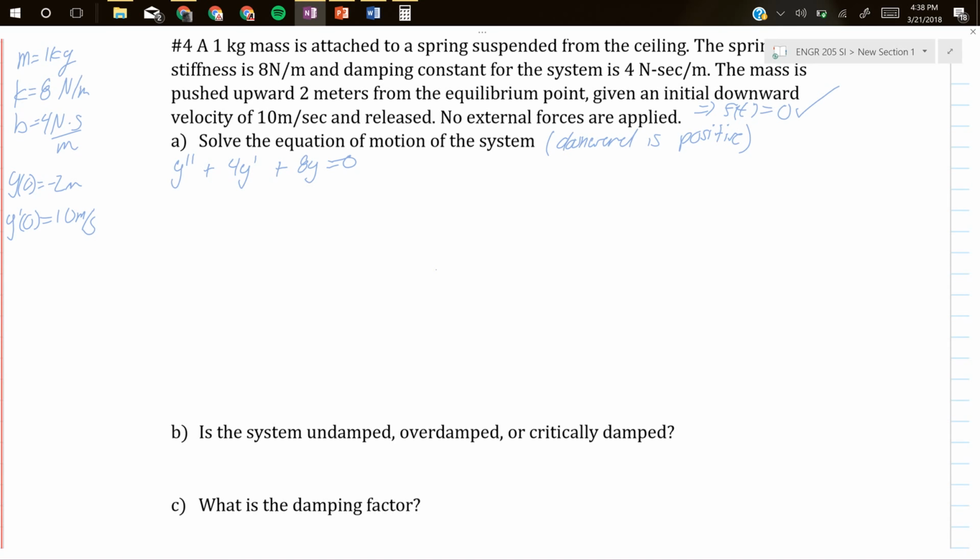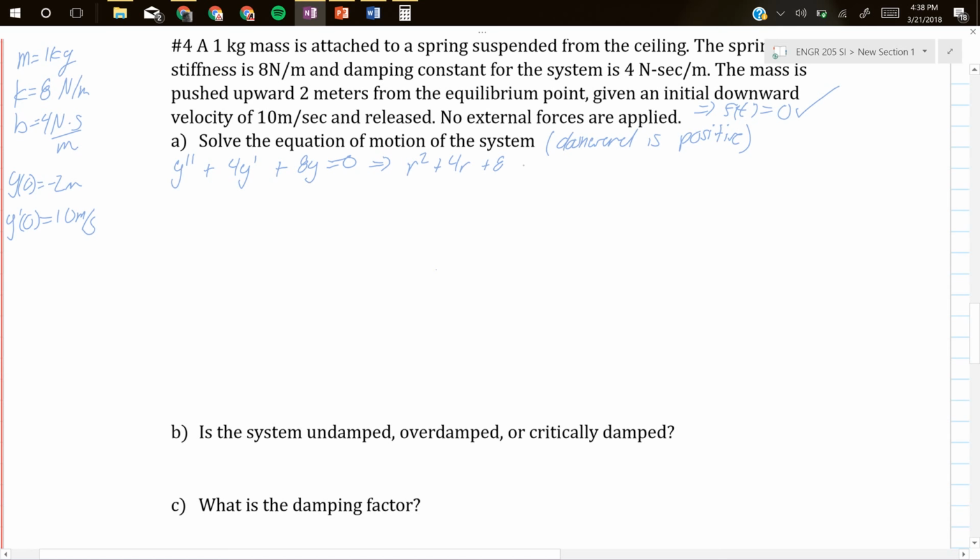Whenever there's something on the right side, I have to solve for y sub h and y sub p, but if it's equal to 0, then all I have to do is solve for y sub h, which is really nice, and we're given initial conditions. So I just like to solve for y sub h. I'm going to get this into the auxiliary form, so r squared plus 4r plus 8 equals 0.